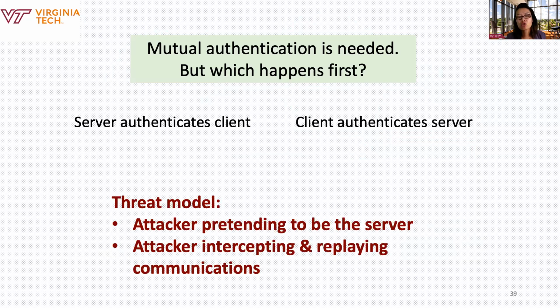On the internet, you cannot see Amazon. You don't see the bank server. So how does this work? And in the meantime, we're dealing with the threat model where an attacker can pretend to be a server, can intercept, replay, and can do all kinds of bad things.